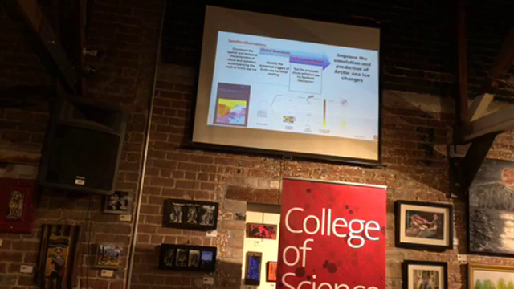Is the same thing happening in the Antarctic? No, it's not. The Antarctic is another story. It's actually more complicated. In the past few decades, we see a little bit of increase of the sea ice in the Antarctic.